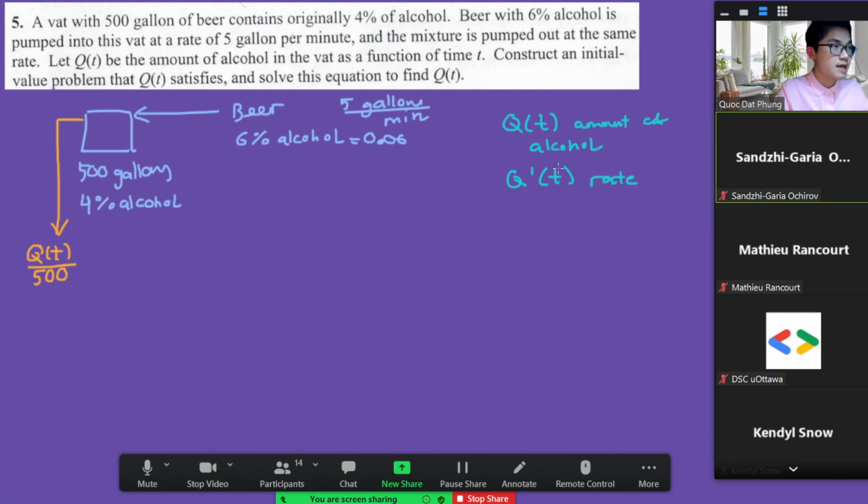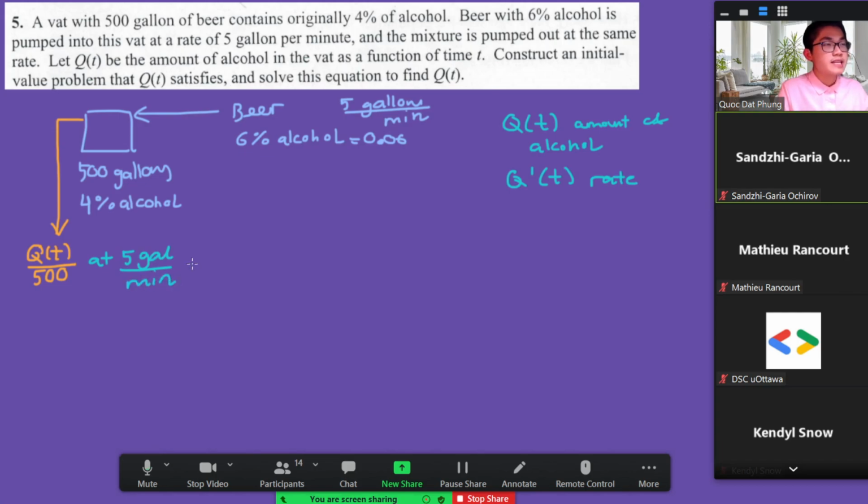Q(t) is the amount of alcohol out of 500 gallons. Does that make sense? We don't know how much the amount of alcohol is, so we can represent it as this fraction here. This is the amount of alcohol that's leaving at 5 gallons per minute.